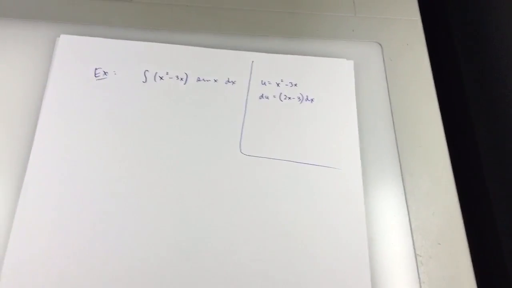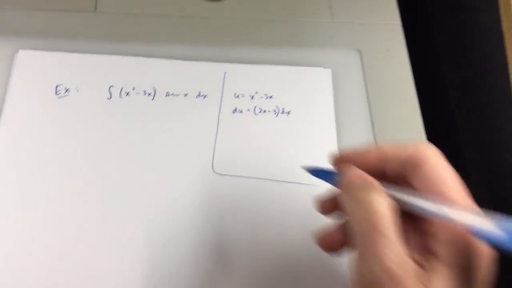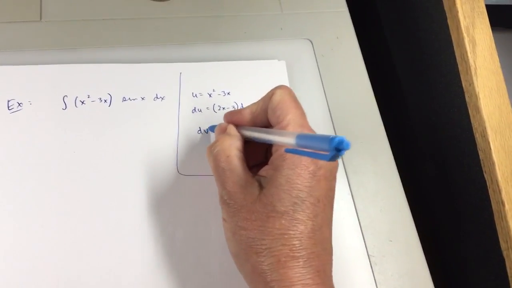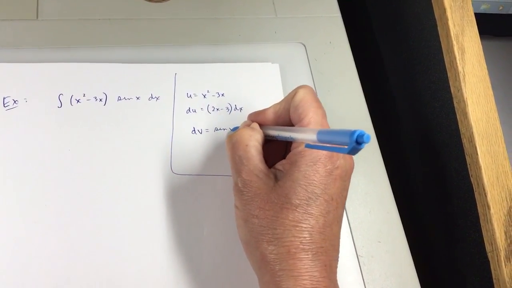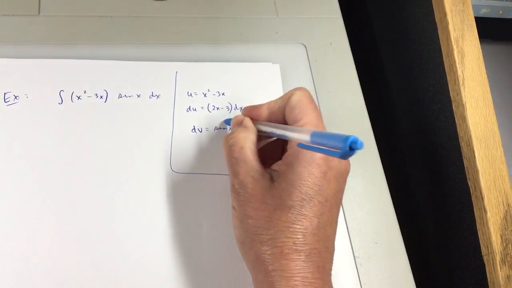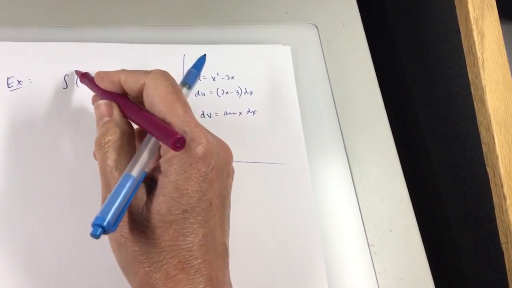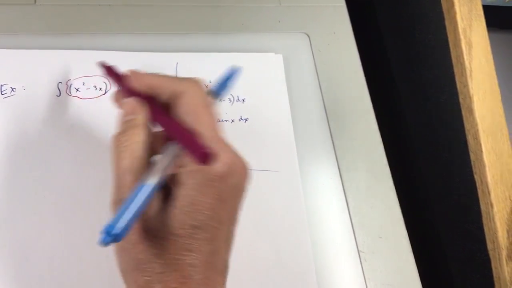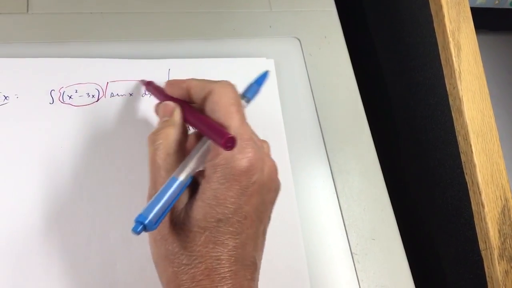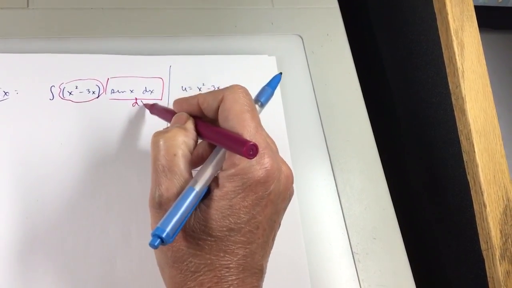So I took the derivative, I put the dx, and then dv is sine x dx, because whatever you've picked for u, in our case it's all of this, everything else is dv.